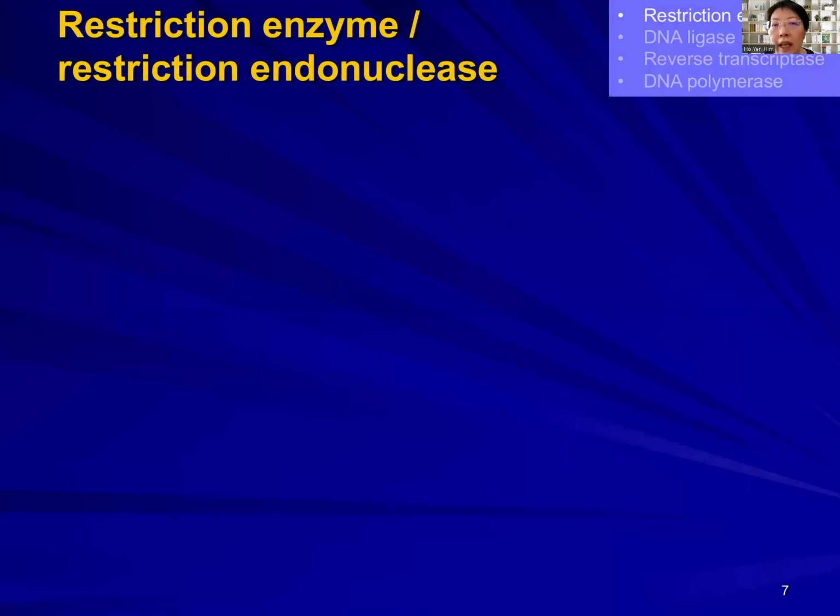So firstly, let's look at the enzymes needed for genetic engineering. The first one is the restriction enzyme, or restriction endonuclease. This enzyme comes from bacteria. Just like humans, we can be infected by bacteria and viruses, and bacteria can also be infected by viruses, because viruses are smaller than bacteria.